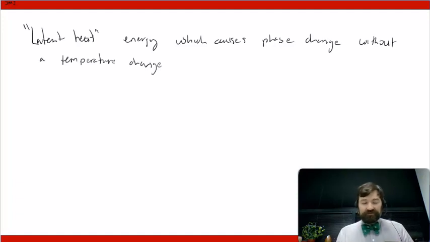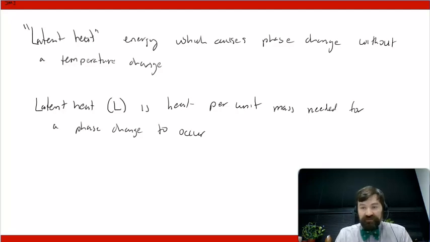Thus, if you add some latent heat worth of heat to, let's say, a solid ice cube at 0 degrees C, it will melt and become water, also at 0 degrees C. So there's a latent heat associated with this process, and that latent heat is basically a heat per unit mass of the object.